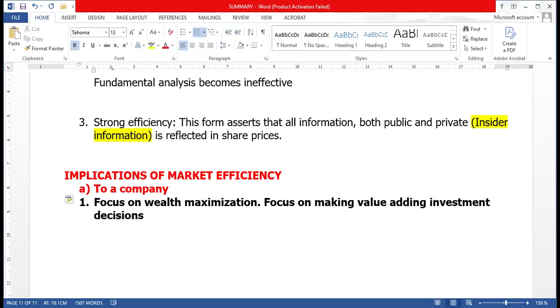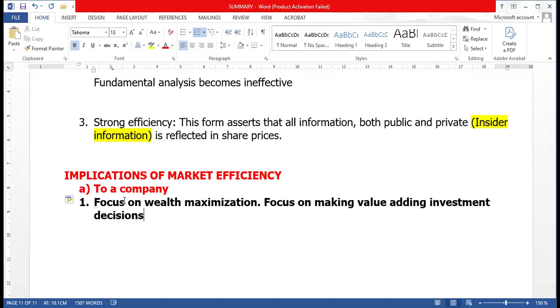So we are looking at the company as a whole. But this point can work in a scenario where they ask you to discuss the implication of market efficiency to managers.